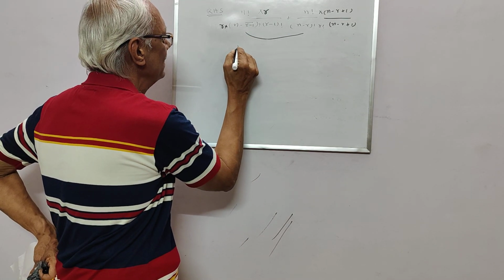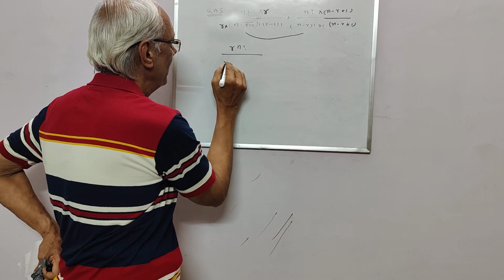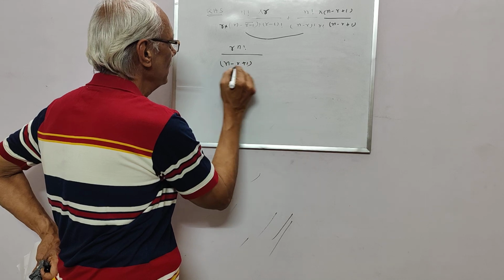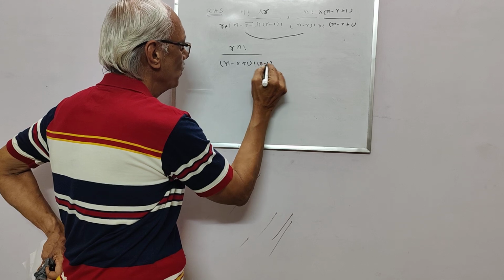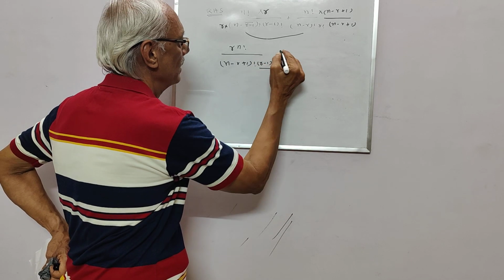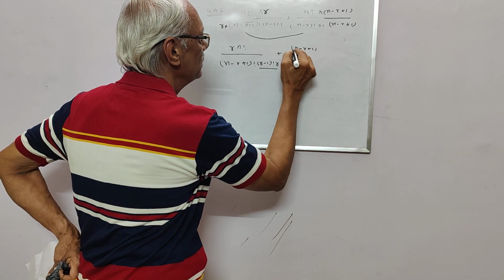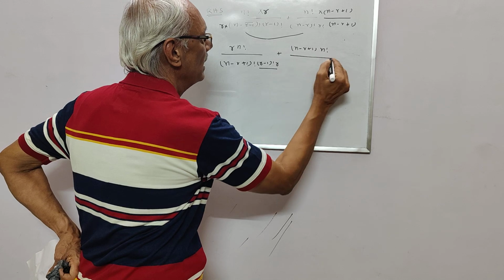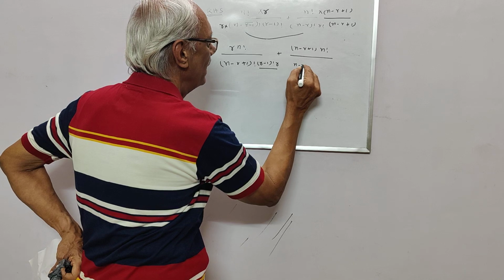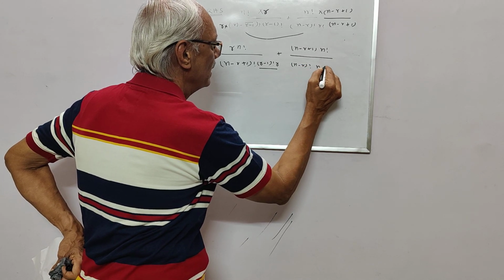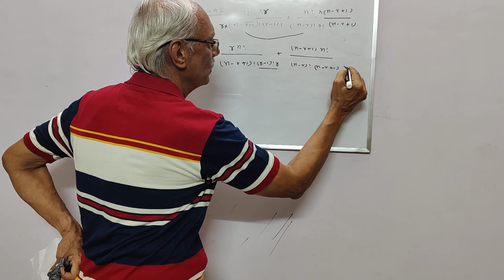Now you see that I will rewrite this as n factorial divided by n minus r plus 1 factorial into r minus 1 factorial into r, plus you write this as n minus r plus 1 into n factorial divided by n minus r factorial, n minus r plus 1 into r factorial.